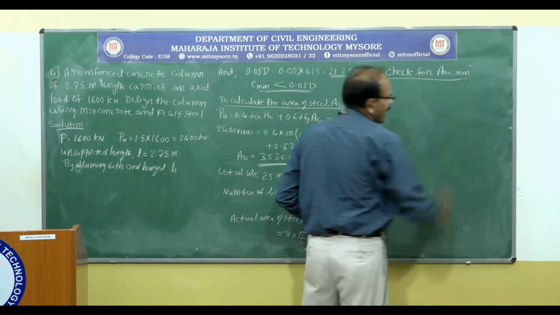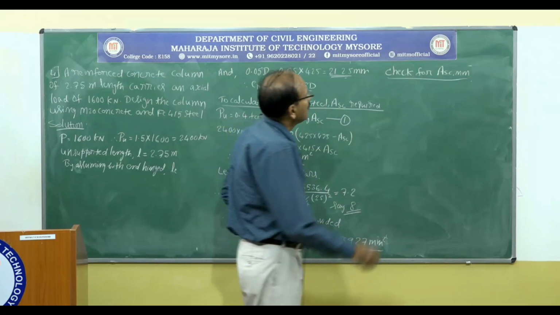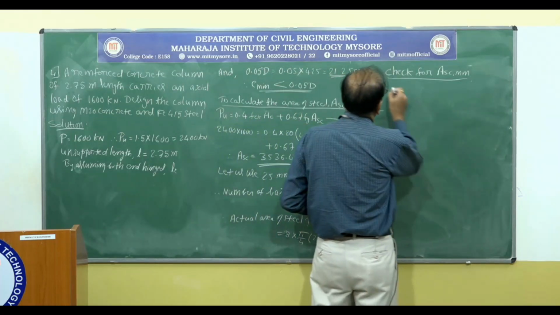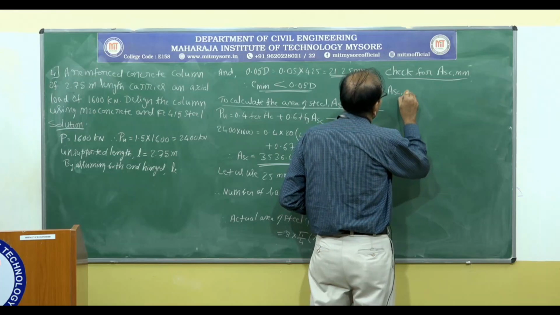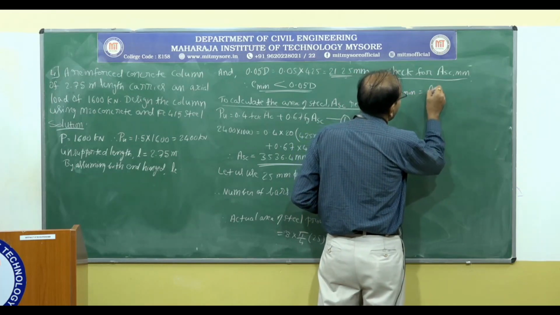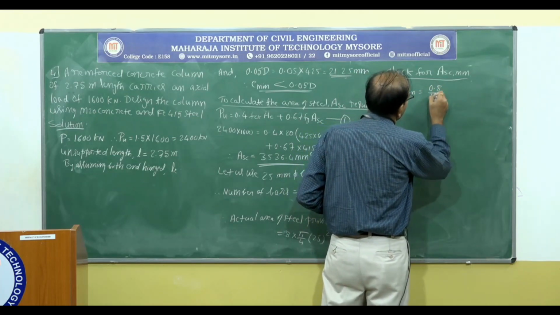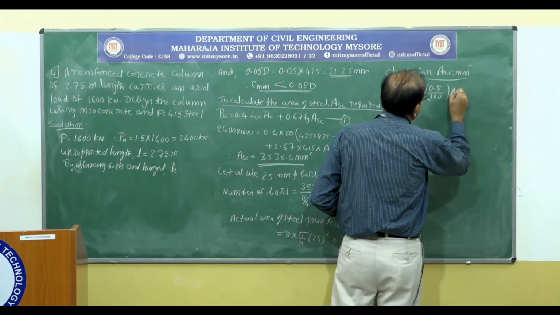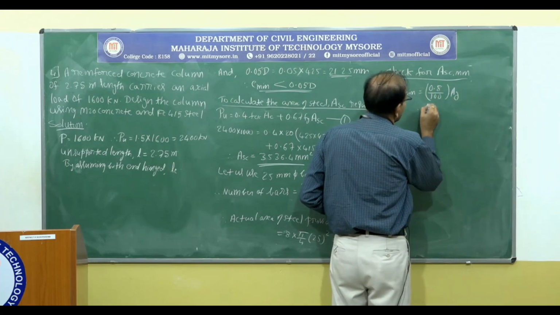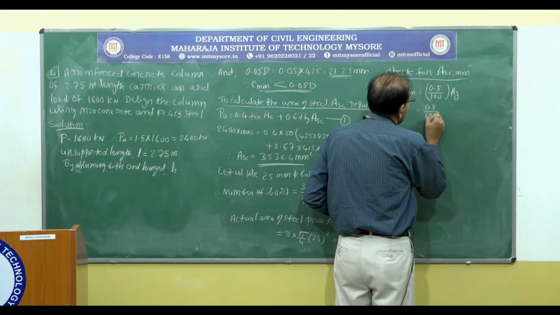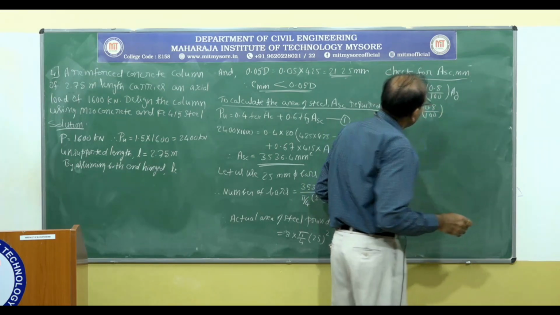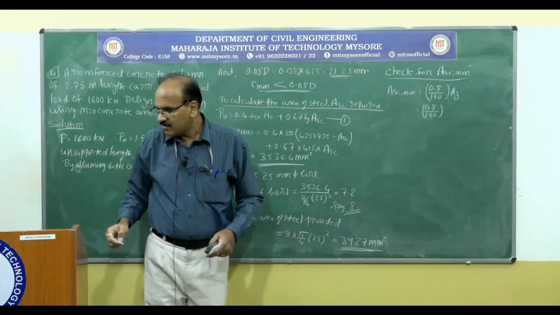Check for ASC minimum. ASC minimum as per the code is 0.8%, that is 0.8 divided by 100 of the gross area AG. What is the AG value?